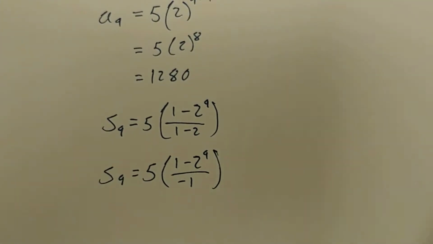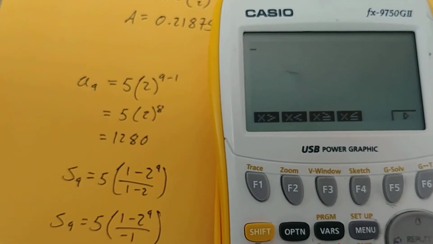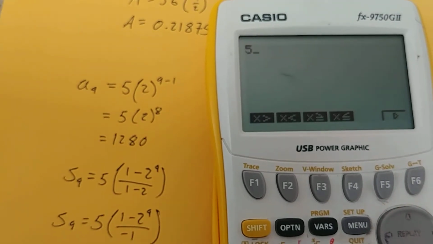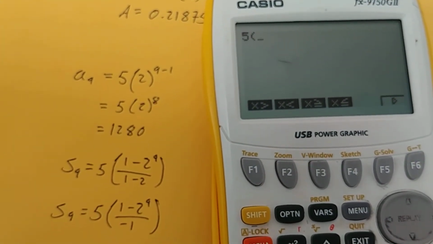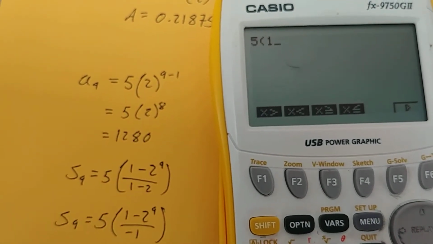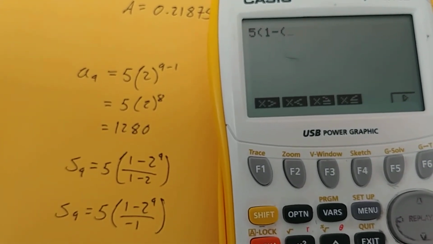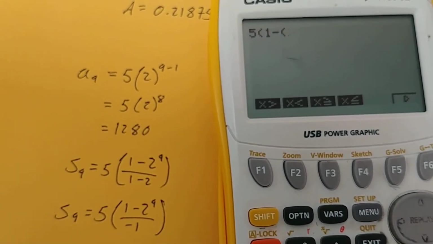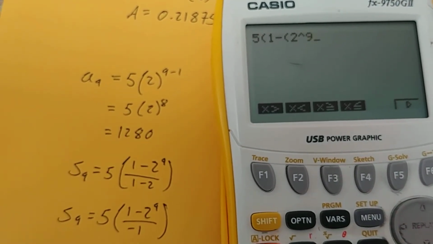All right. Let's type this now in the calculator. I can start putting this from scratch. I can have 5 parentheses. Let's put whatever's on the top. We have 1 minus, let me open another parentheses, 2 raised to the 9th power.